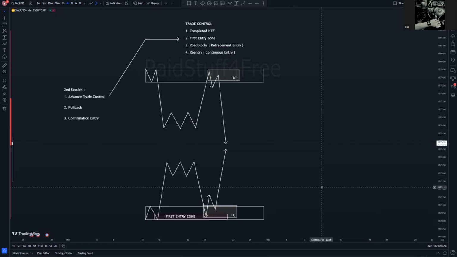When the price gets into the zone and there is no confirmation entry, the price may fly all the way up, but then the price goes down badly. Why? We're going to discuss this in our last session, which is going to be about the volume.